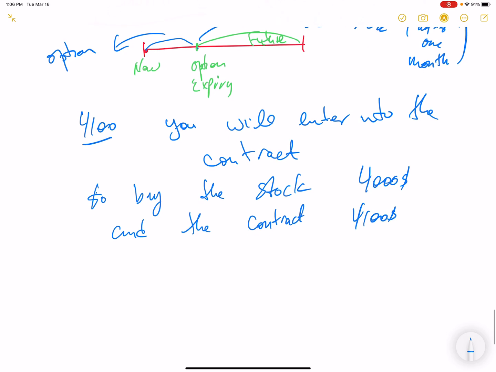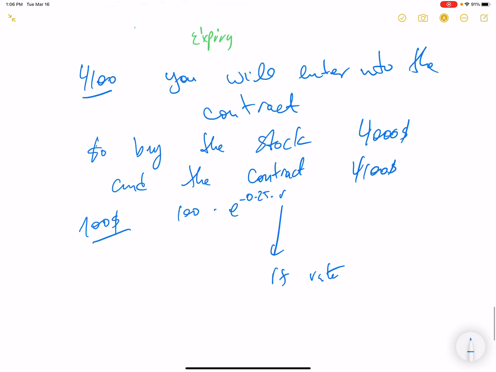So what will happen here is that you are going to make $100. Or in present value, $100 times exponential minus 0.25 times r, where r is your risk-free rate, because the $100 will occur at expiry of the future.